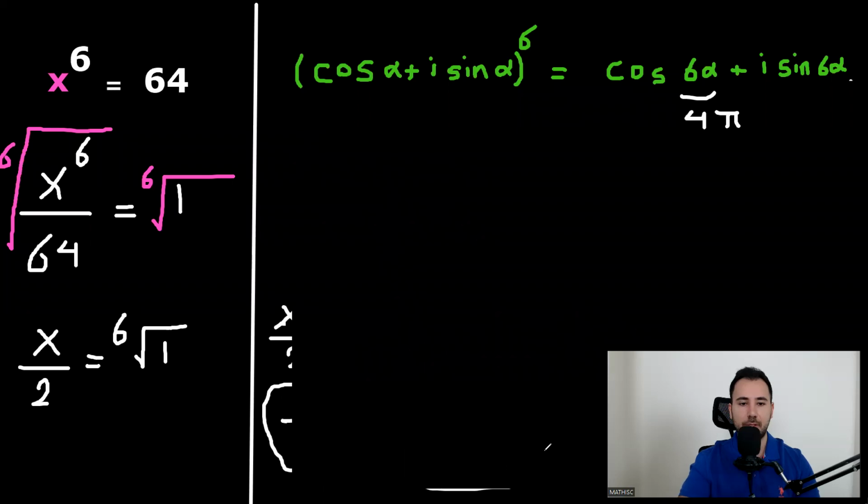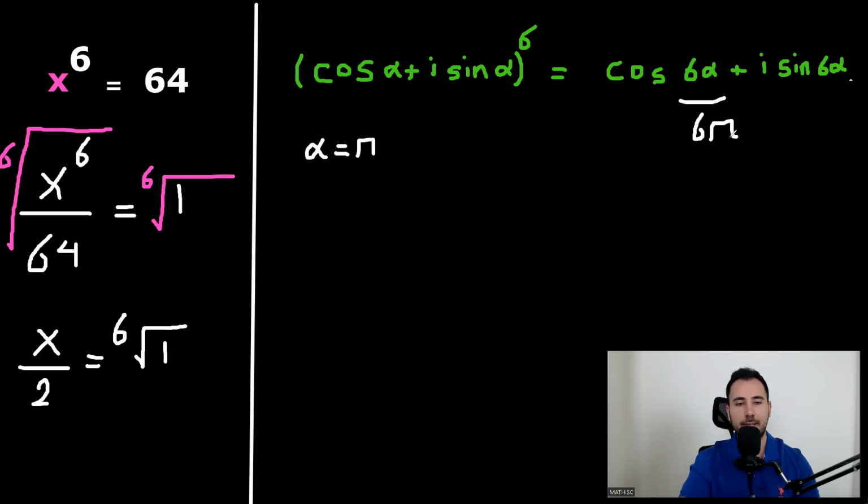To make it faster, let's come up with the next solution. Okay. So instead of 4 pi, we're going to write 6 pi, the same story. Okay, for easy peasy, alpha will be just pi. Okay.